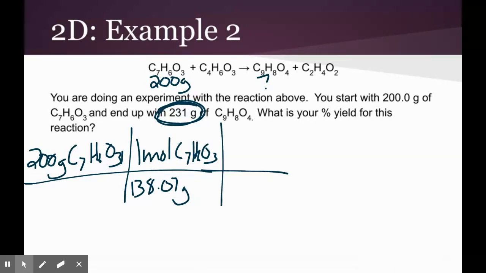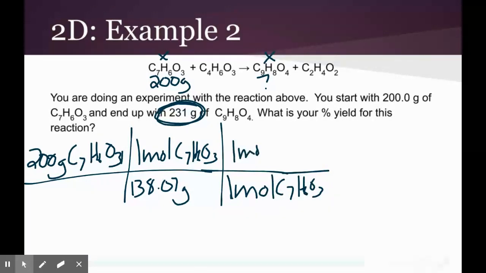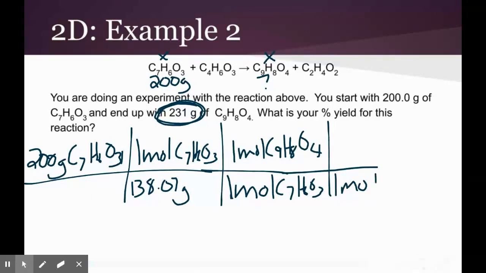Now we want to use the mole ratio from what's given to what we're looking for, so that is just 1 to 1. And then we want to convert our product to grams. So our molar mass is 180.05 grams. So when you calculate that, you get 261 grams of C9H8O4.